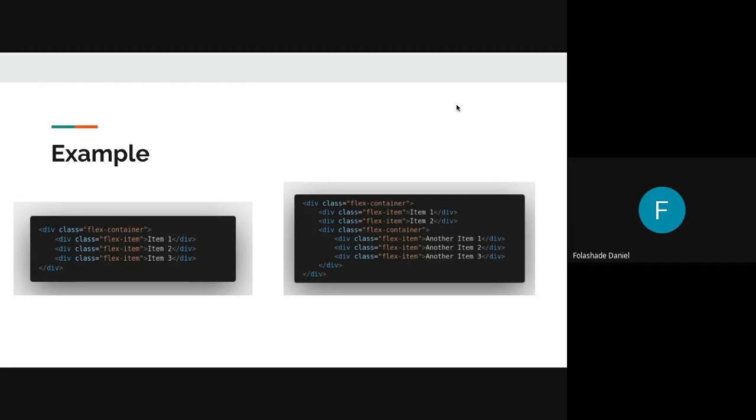So if you apply display flex here, you can easily manipulate the first level children that are within it. The reason I say first level is that if you apply display flex here, it won't have effects on the ones nested deeper, because the display flex property only affects the immediate children.